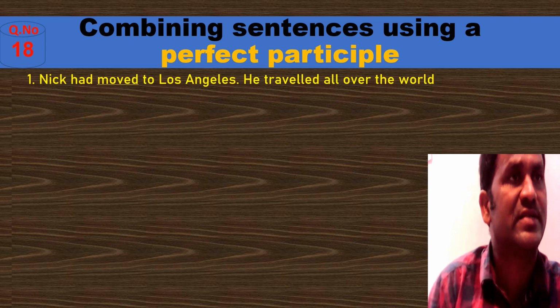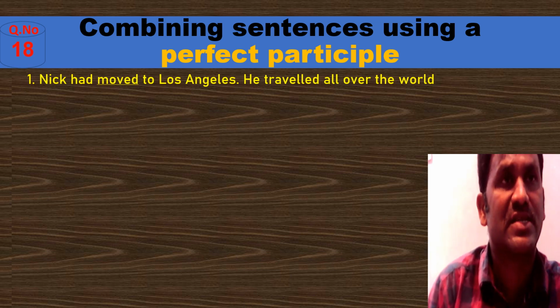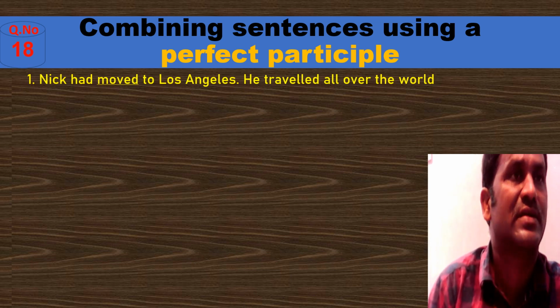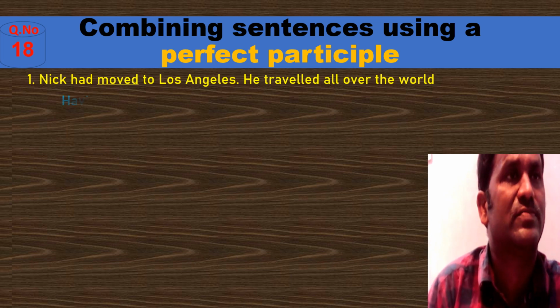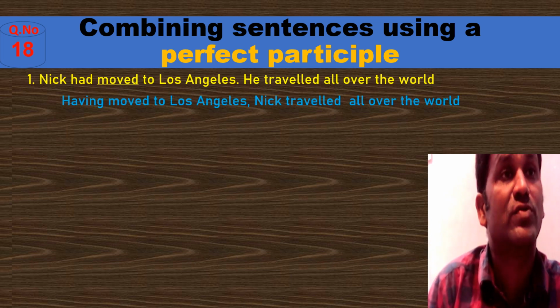So first of all, let's write the word having plus, what is the verb in the first sentence? Moved. Third form also the same, moved. So having moved to Los Angeles, Nick, here in the place of he, we should write Nick. Nick traveled all over the world. Let us see whether it is right or wrong. Having moved to Los Angeles, Nick traveled all over the world.